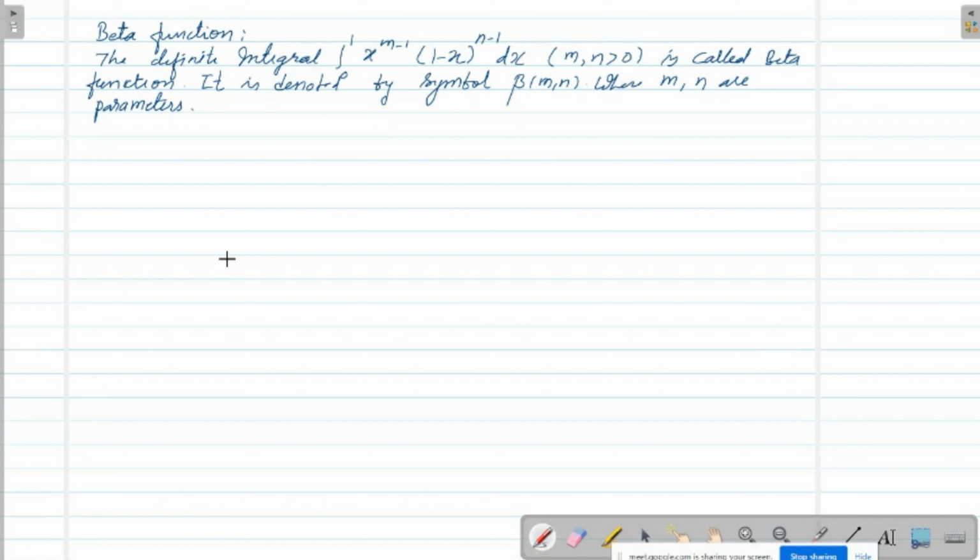Now trigonometric form of beta function. What is the trigonometric form of beta function? Okay. See here. The trigonometric form of beta function is defined like this.